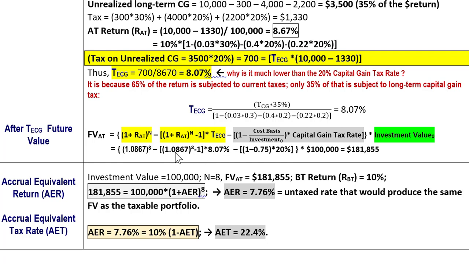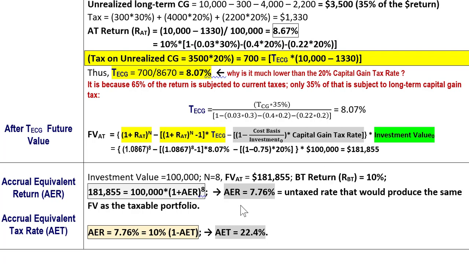Once you do that, you're able to calculate the true after-tax future value, with the consideration of the unrealized capital gain tax, which you have to pay anyway, all right? So this calculation, we got 181,855.